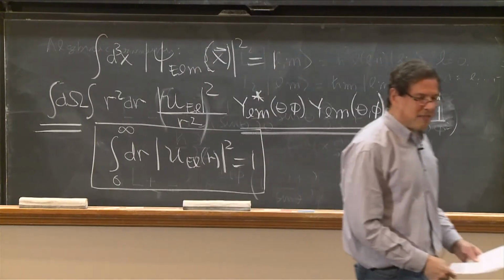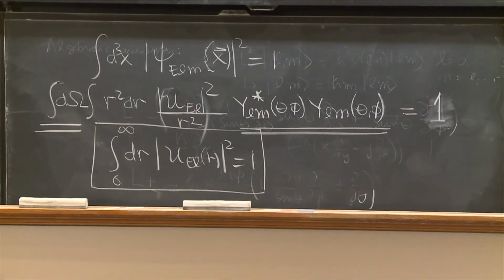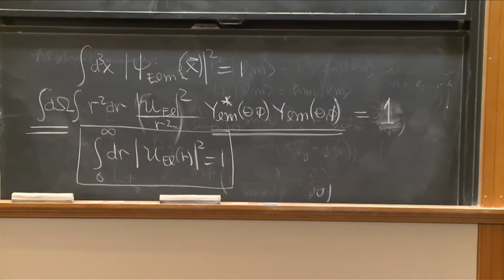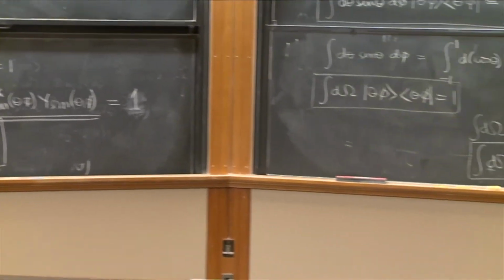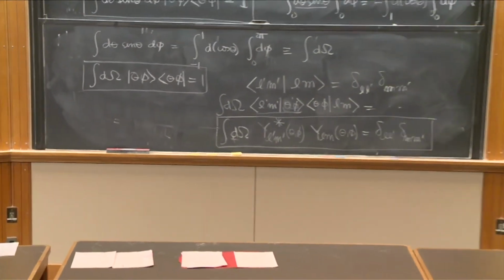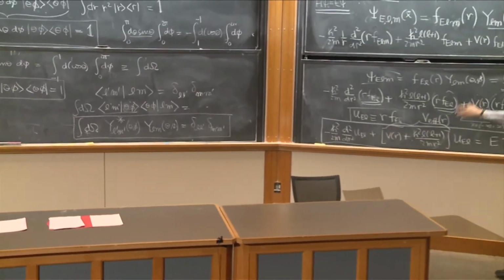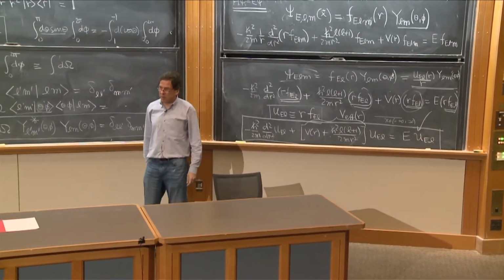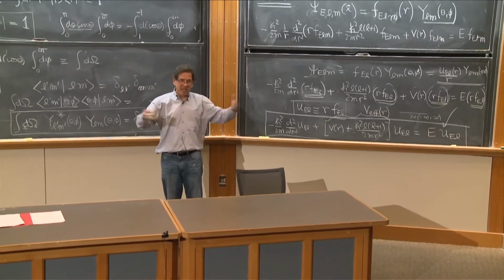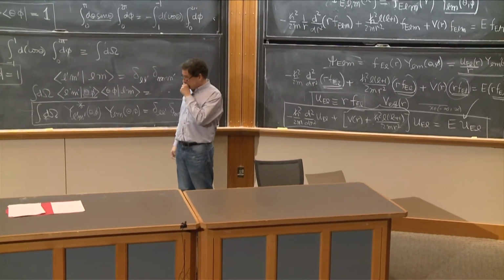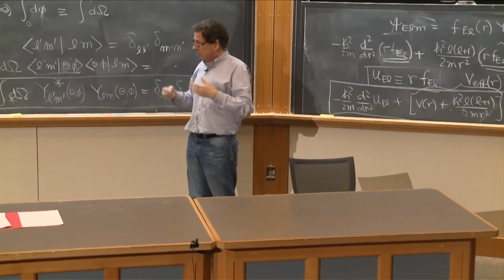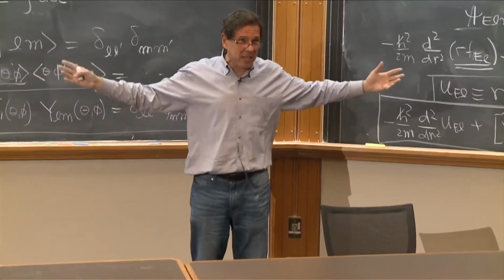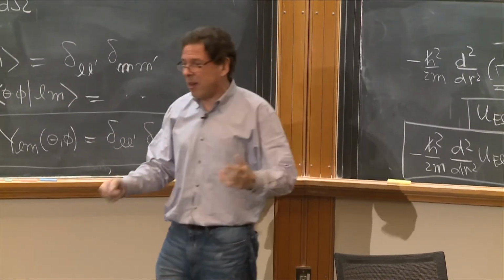Which shows that the u really plays the role of a wave function on a line. And even though it was a little complicated, there was the r here and angular dependence and everything, a good wave function is one that is just, think of psi as being u, a one-dimensional wave function, and if you can integrate it squared, you've got it.